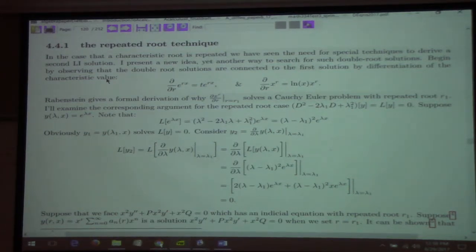This calculation can be generalized though, and you can show that differentiating with respect to a parameter will produce a second solution for a wide class of differential equations. Maybe this is the most satisfying answer as to why we have to multiply by t to get the second solution. It's because you can obtain the second solution by differentiating with respect to the parameter that defines the solution.